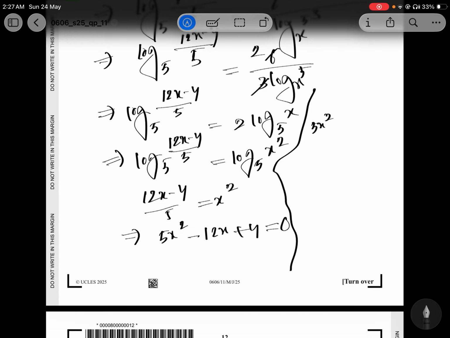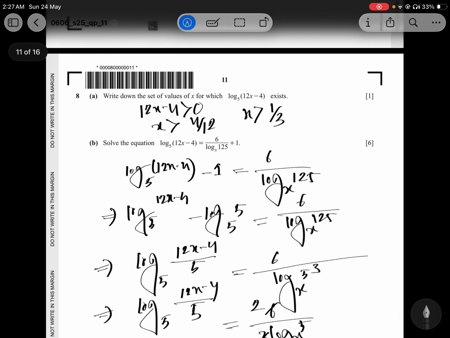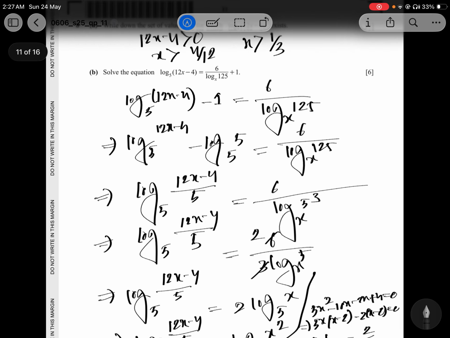So 5x square minus 10x minus 2x plus 4 is equal to 0. So if I take 5x common, x minus 2, plus 2 common, x minus 2 is 0. So x value is 2 and x value is 2 by 5. Okay, now I have to test whether both values are accurate or not.